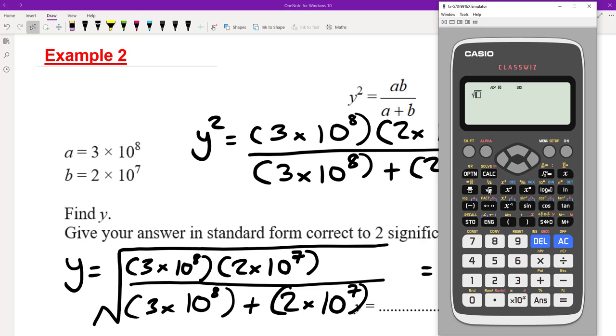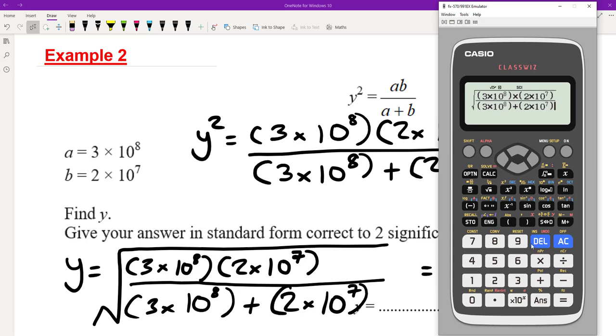So we're going to press the square root button, we're going to press the fraction button and type in exactly what we have there, 3 times 10 to the power of 8 multiplied by 2 times 10 to the power of 7, and then we're going to have 3 times 10 to the power of 8, and then we're going to have plus 2 times 10 to the power of 7.